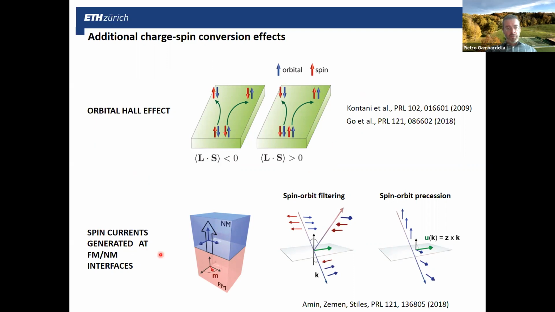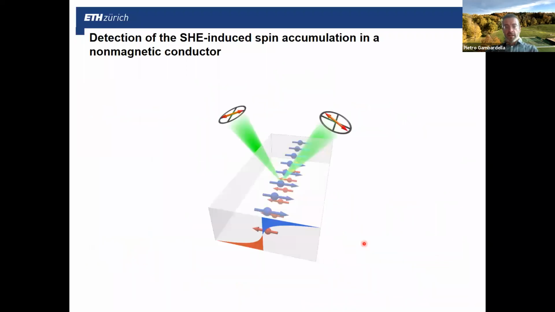And also, spin currents can be generated at the interface between a magnetic and a non-magnetic material due to spin-orbit dependent electron scattering or precession of electrons in an effective spin-orbit field. Now, all these effects I will show you later. These can be used for several purposes. I'd just like to show you how these can be measured, in particular in the metal.